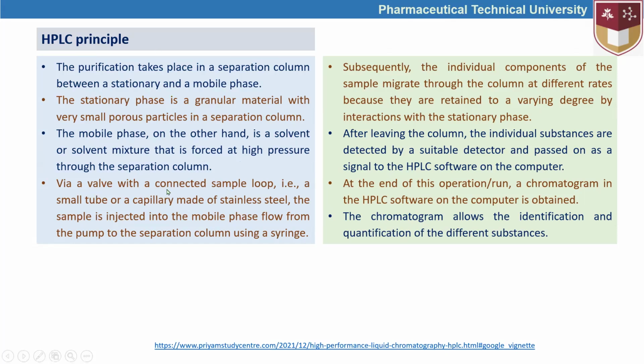Via a valve with a connected sample loop, that's a small tube or a capillary made of stainless steel, the sample is injected into the mobile phase flow from the pump to the separation column using a syringe. Again, in older versions, syringes were used to send the samples.